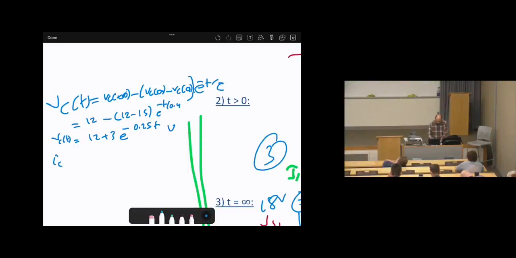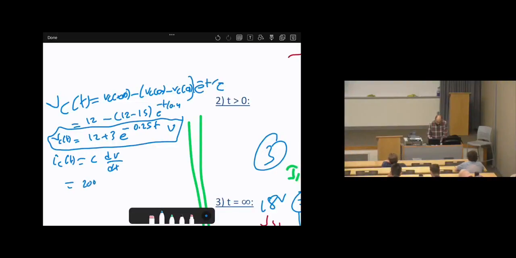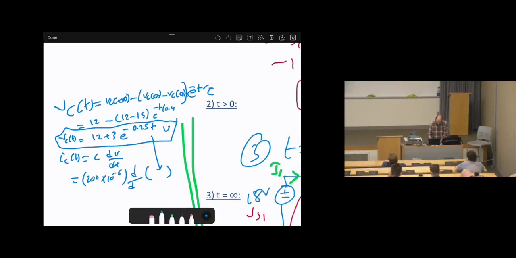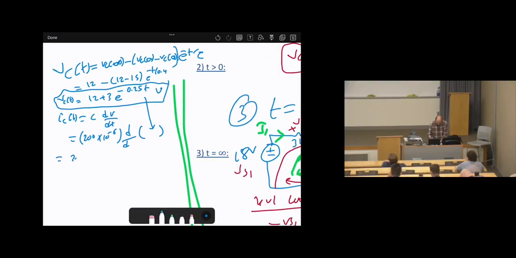Now, in order to calculate IC of t, we are done with VC of t. Let's calculate IC of t, which is C dV by dt, which is 200 micro, 200 times 10 power negative 6. Then the time derivative of this expression. Let's do the derivative. It will be 200 times 10 power negative 6. The derivative of 12 is 0.